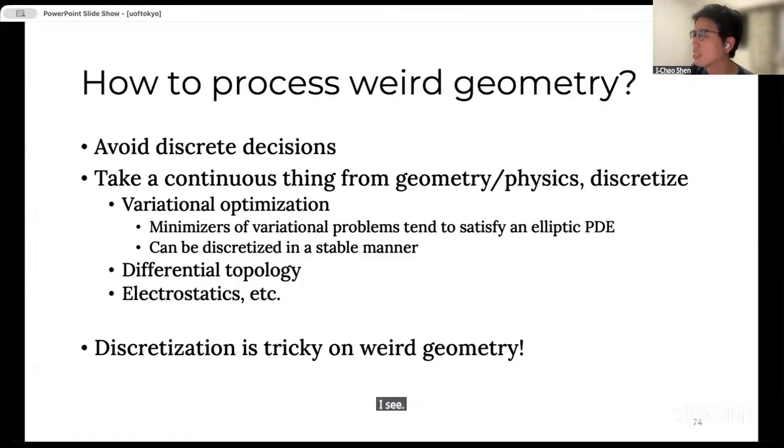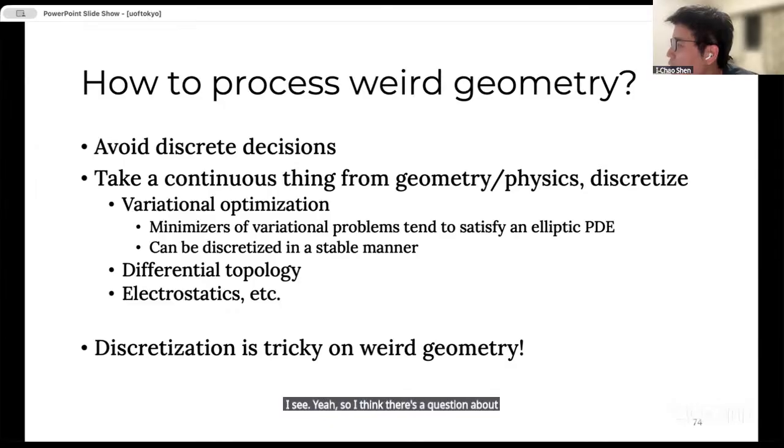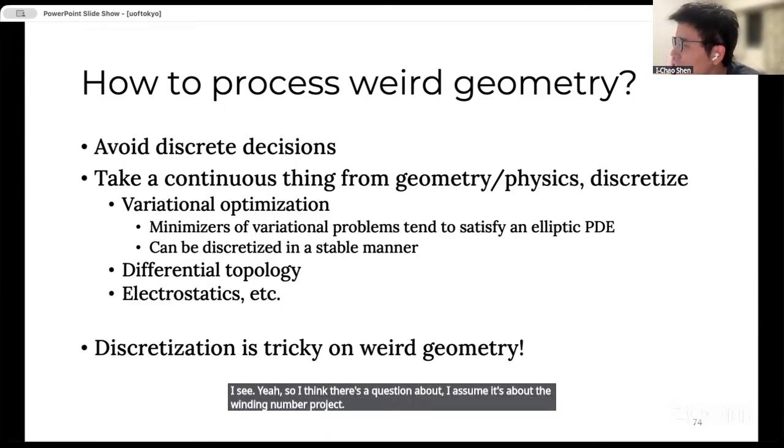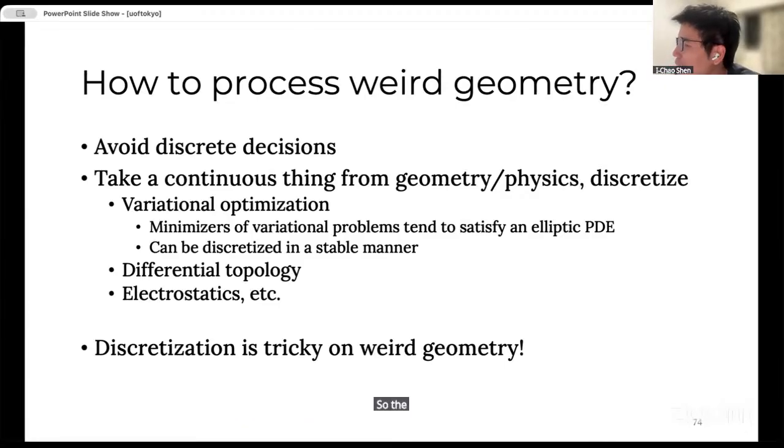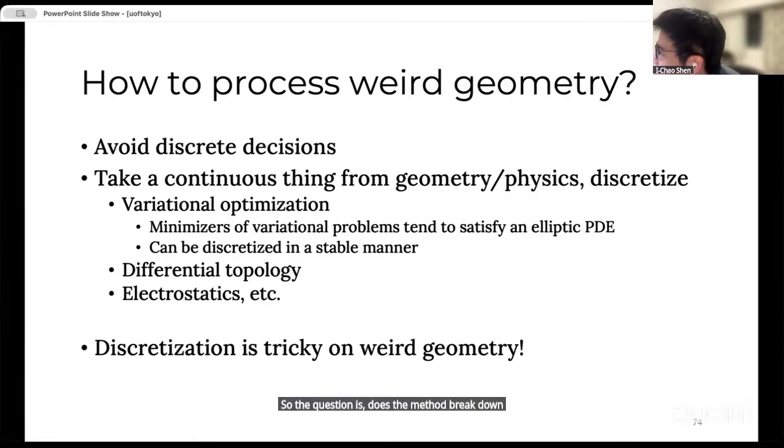Yeah, so I think there's a question, I assume it's about the winding number project. The question is, does the method break down when boundaries are noisy or fragmented? Yeah, that's a great question.